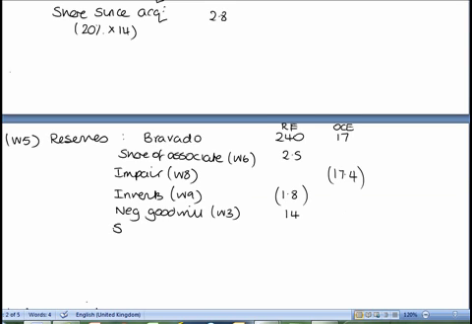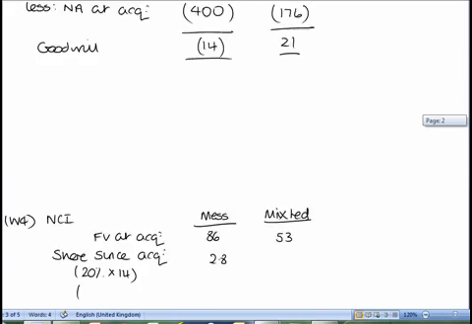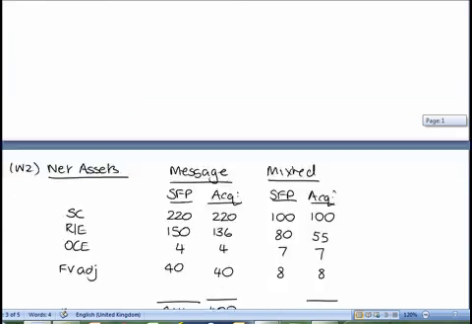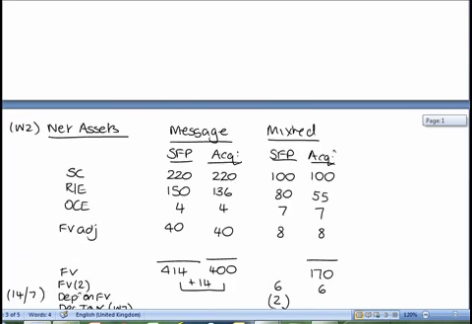Group reserves. And for mixed, we ended up owning 70% of mixed.